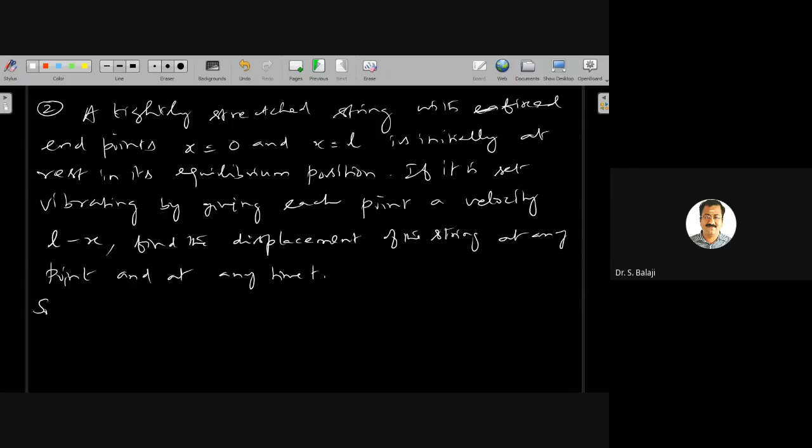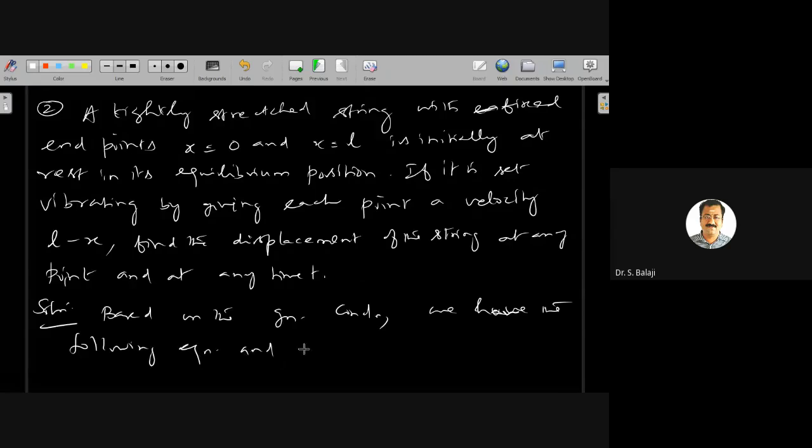Okay, solution. Based on the given condition, we have the following equation and boundary conditions.